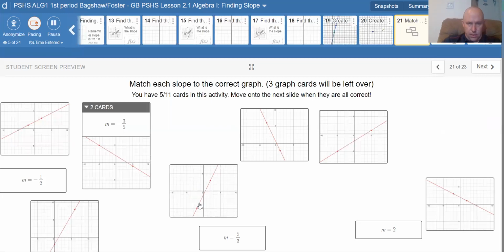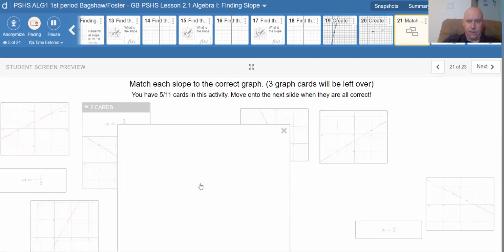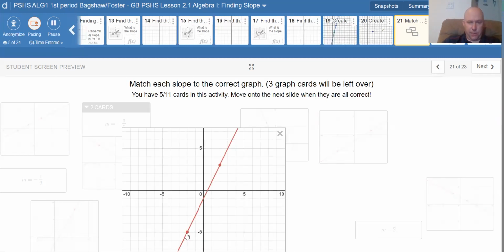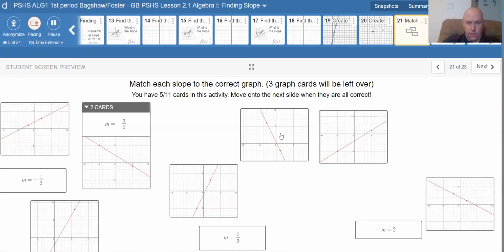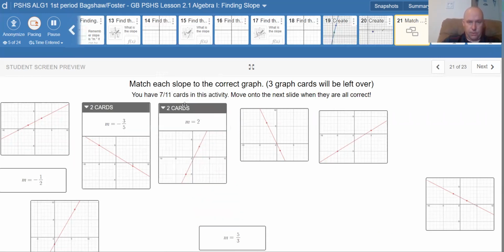And what do we got here? This one goes up 5, 6, 7, 8. Actually, if I remember, yeah, there you go. You can actually click on the picture and it's much easier. Up 5, 6, 7, 8, and then across 1, 2, 3, 4. 8 divided by 4 is 2. So let's have a look if one of them's 2. That one is 2. So I'm going to join those two together as well. Oops.